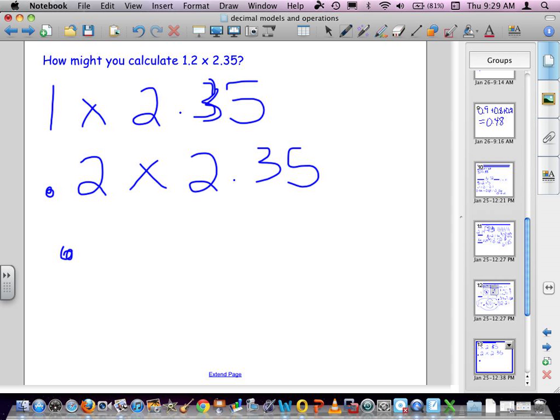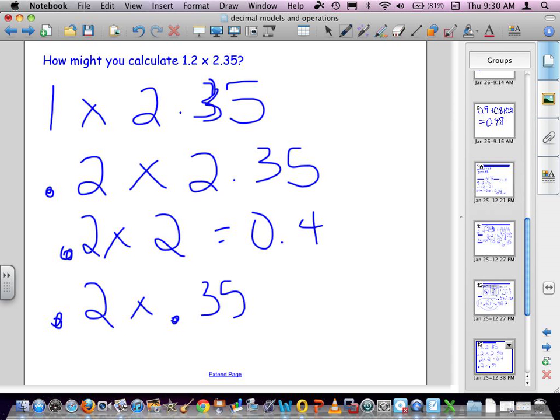So you can do 2/10 of 2, right? Which gives you 0.4. And you did 2/10 of 0.35. Is that what you did? Yeah. It's just like dividing the 35 by 5, because you know 0.2 is 1/5. Isn't that interesting? You can divide the 35 by 5 because 0.2 is 2/10, which reduces to 1/5, right?